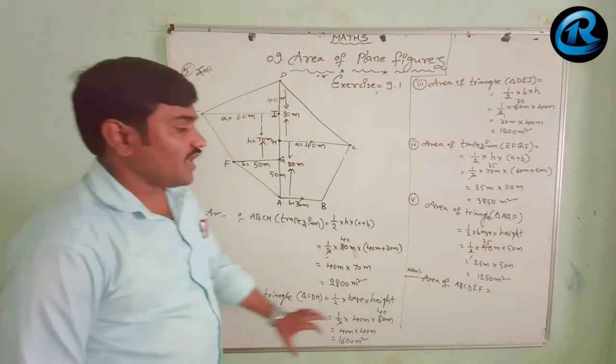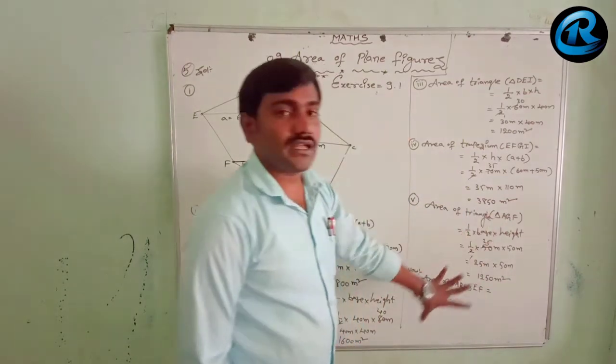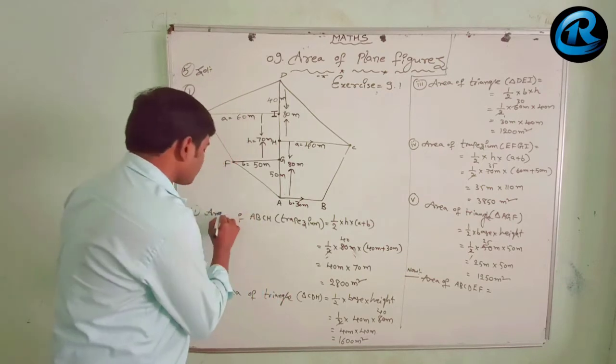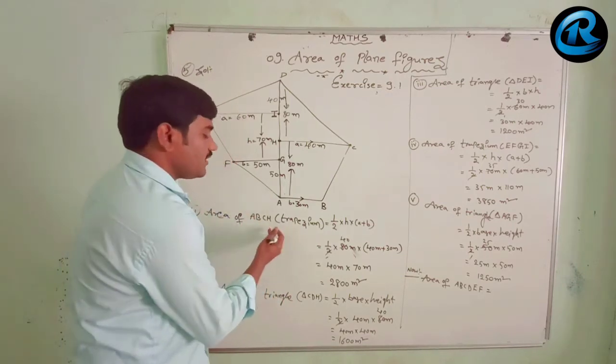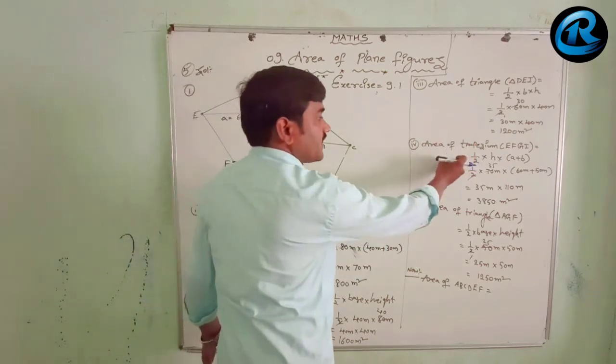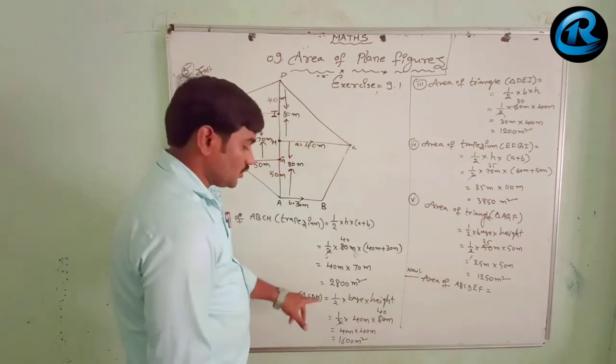Let us add all that and you write this clearly. Then I will only write the values. You have to write clearly area of ABCH trapezium, area of trapezium plus area of triangle plus area of triangle plus area of trapezium. Their names also you write here and then you write the solutions.